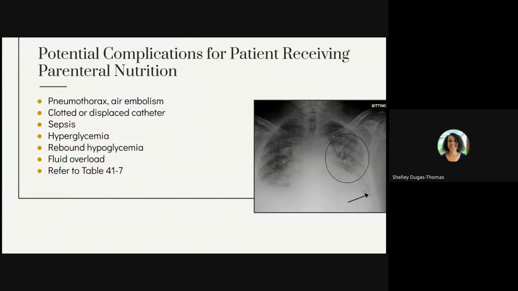Potential complications include a pneumothorax and air embolism, clotted or displaced catheter, sepsis, hyperglycemia and rebound hypoglycemia, and fluid overload. That's why when a patient is on TPN, they are typically checking their blood sugars.